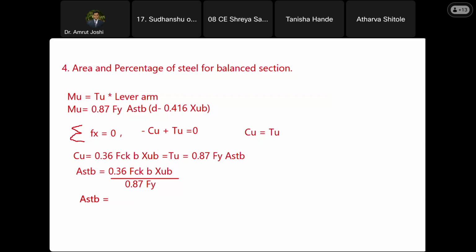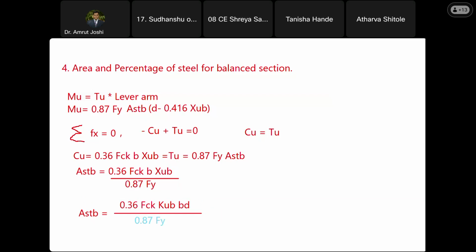So we have this B remaining, so I will put that B here, and XUB is nothing but KUB into D. So this will be B into D, isn't it? And this divided by 0.87 Fy.